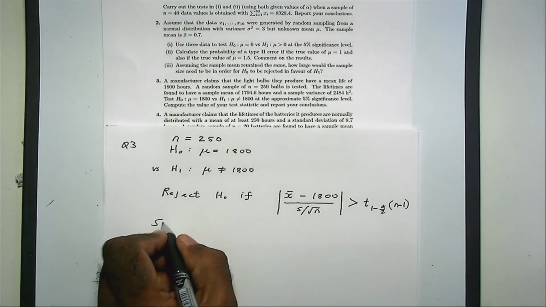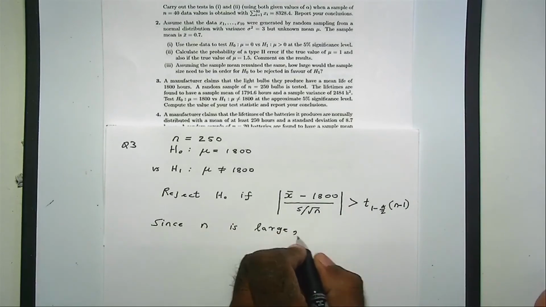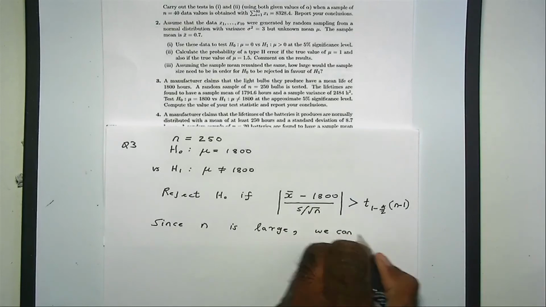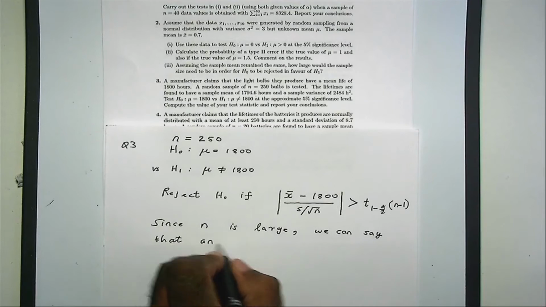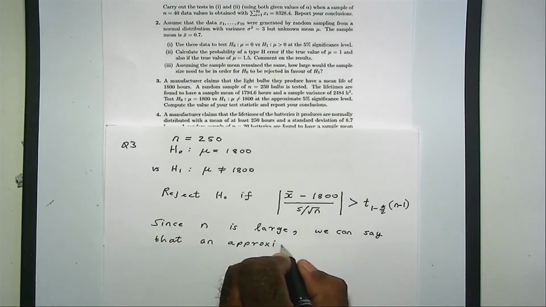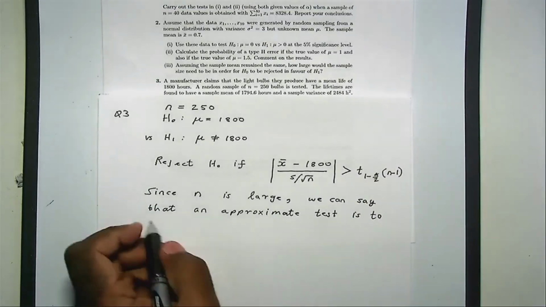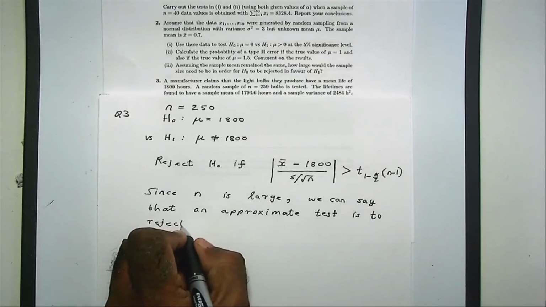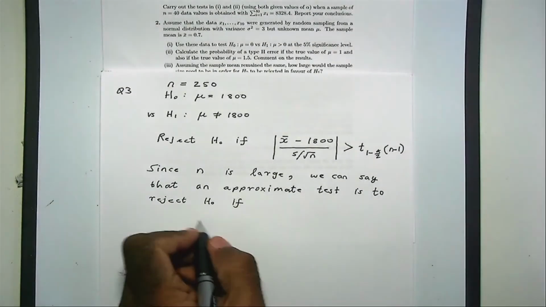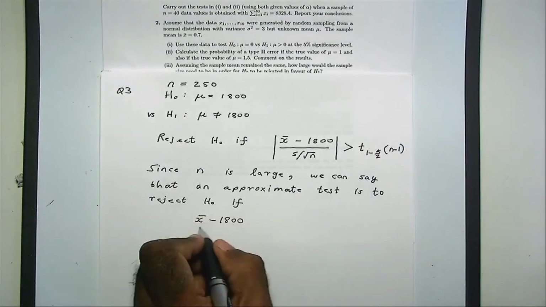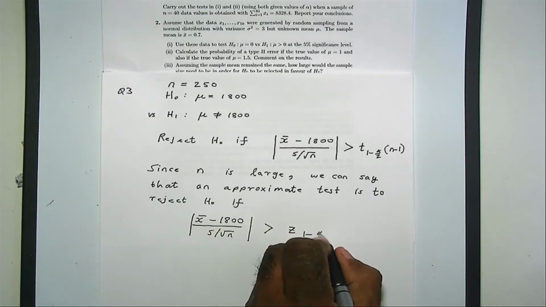So what I'm going to say is the following: since n is large, I mean too large for a statistician, then the approximate test is to reject H0 if the absolute value of the statistic is greater than z alpha over 2.